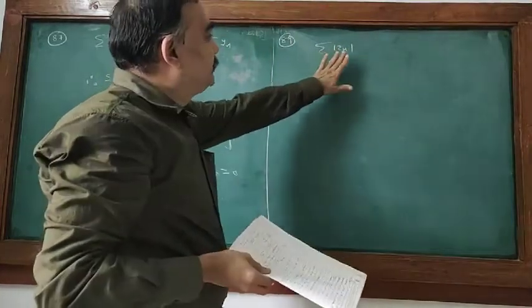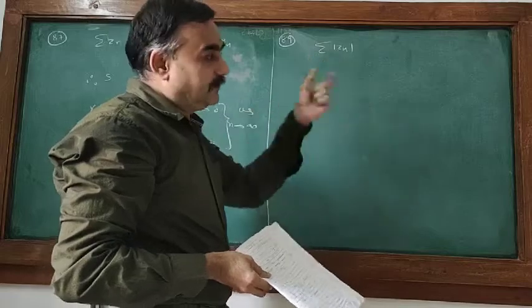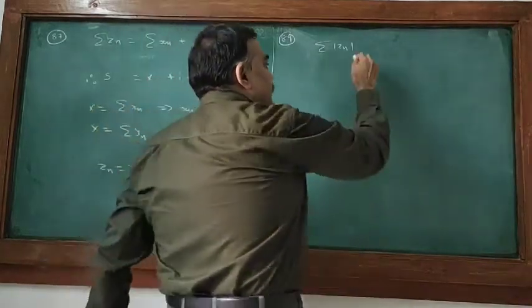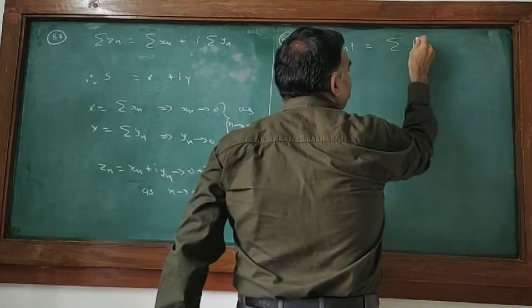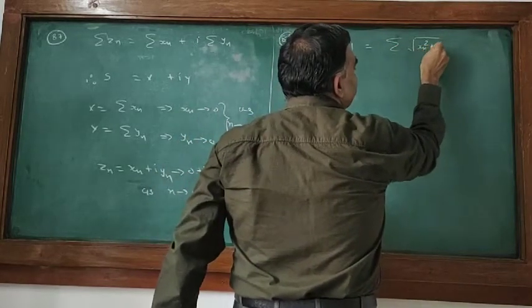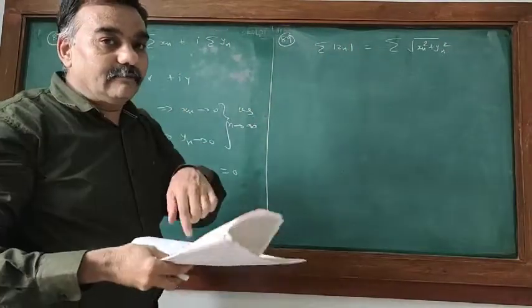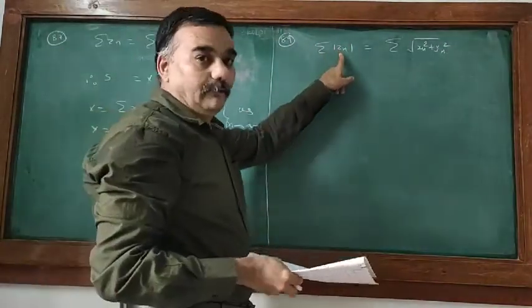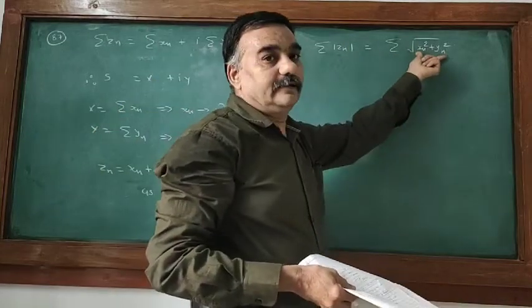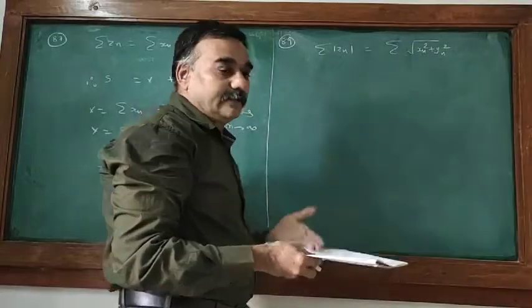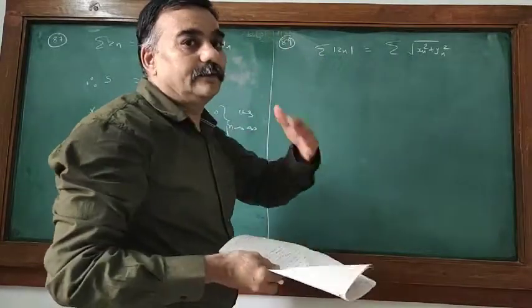If the modulus of Zn converges, this is equal to sigma square root of xn square plus yn square. As I mentioned in my note, this Zn is a complex number, but this whole is a real number. If this converges, then we say that sigma Zn is absolutely convergent.